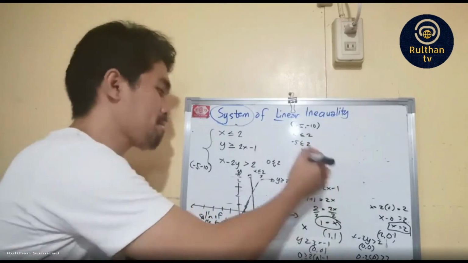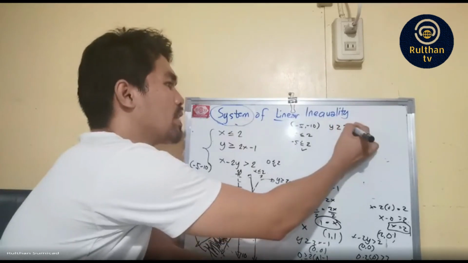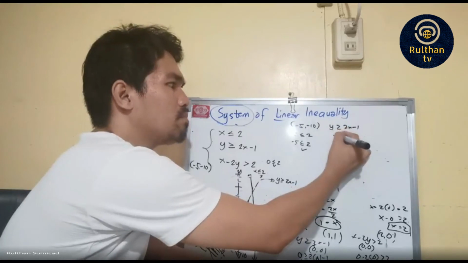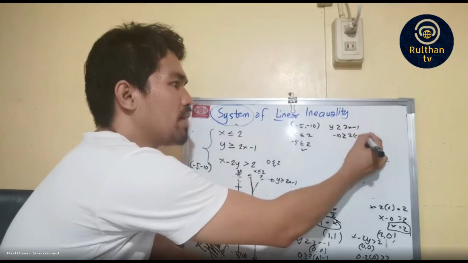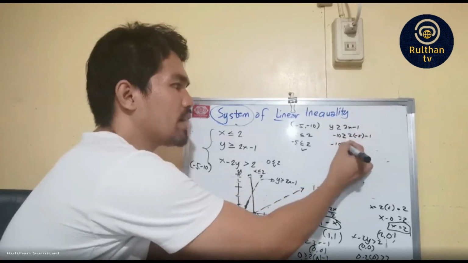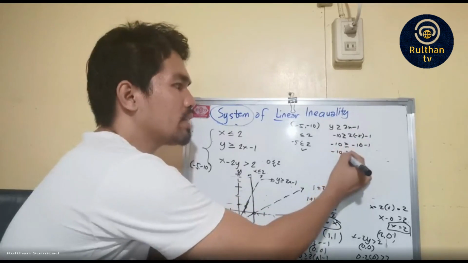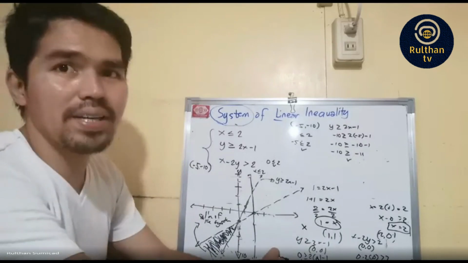Followed by, let's test the second one. y is greater than or equal to 2x minus 1. So that is -10 is greater than or equal to 2 times -5 minus 1. That's -10 is greater than or equal to -10 minus 1. -10 is greater than or equal to -11. It's true also because -10 is greater than -11.